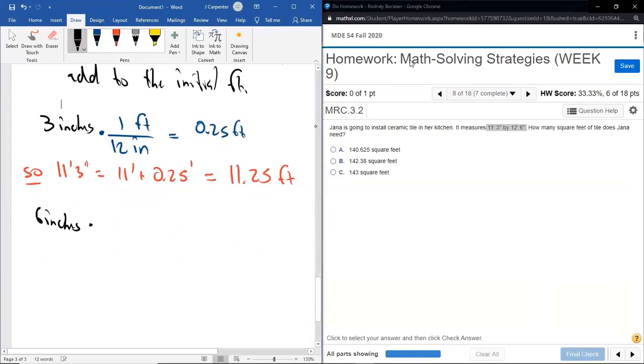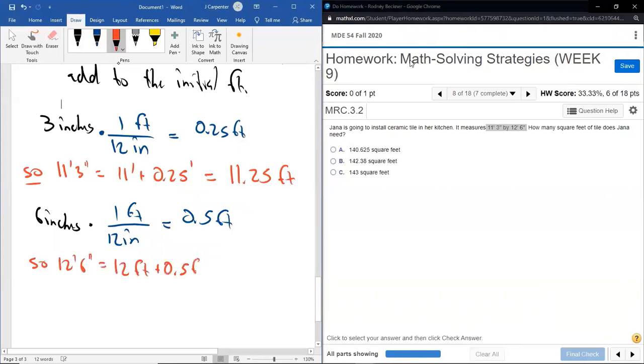We need to know how much of a foot is that. Clearly we're multiplying inches in the bottom, feet in the top, and it's still 1 to 12. 6 and 12 will reduce to a half, so you get 0.5 feet. So the 12 foot 6 inches is really, I'll do it with the units written in words this time, 12 feet plus 0.5 feet, which is 12.5 feet.